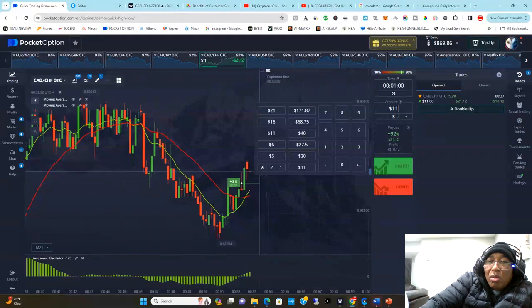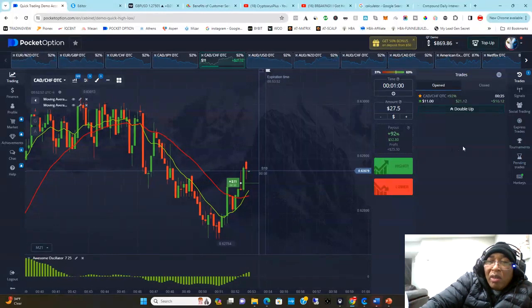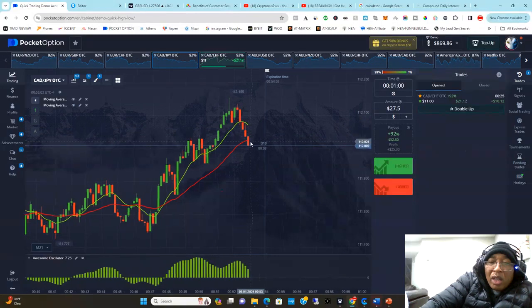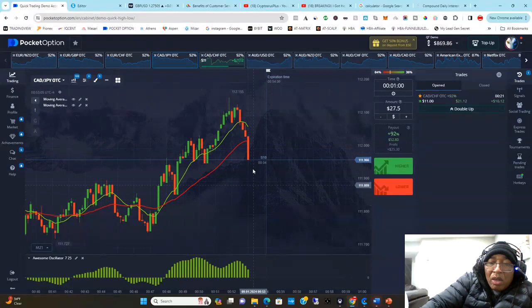The next one would be the 27.5, and with this one we're going to look for something else. Here the market is just misbehaving. Okay, it's decided to go down, all the way down. Market has decided to come down.